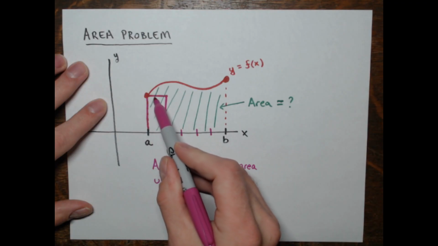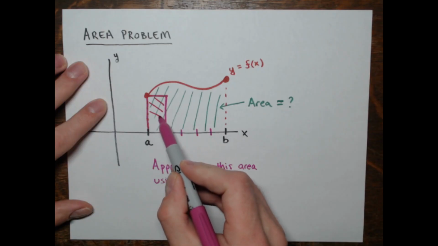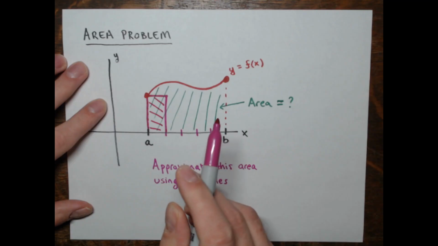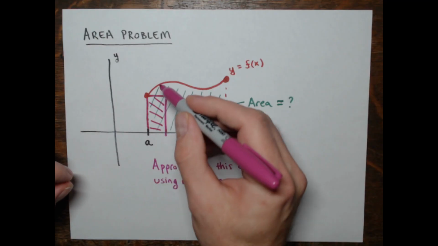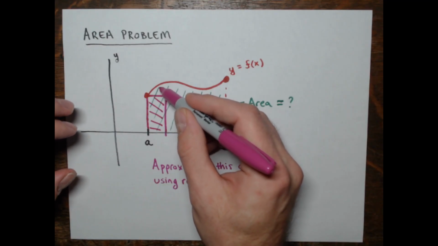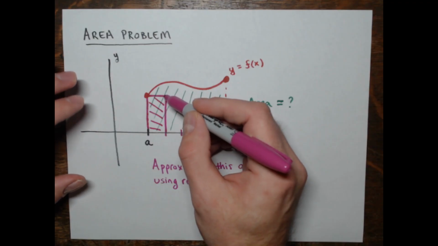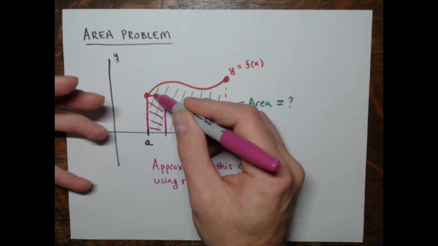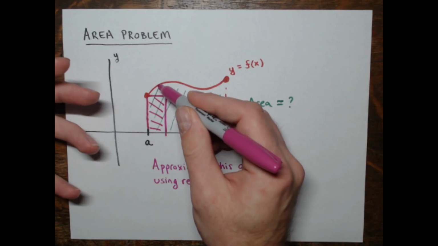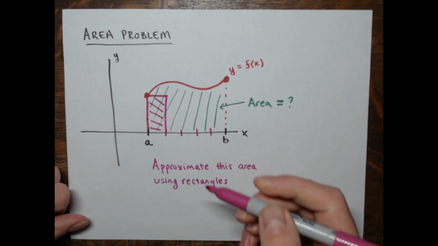So do you see how this rectangle here, the area of this rectangle I just made is pretty close. There's some missing stuff. I'm not getting all of it, but it's pretty close to estimating the area under the actual curve.